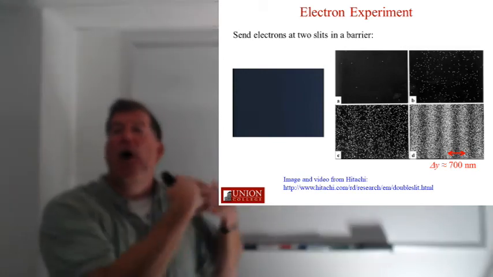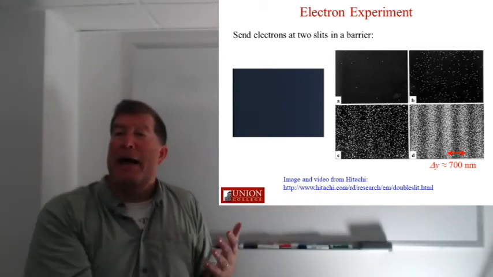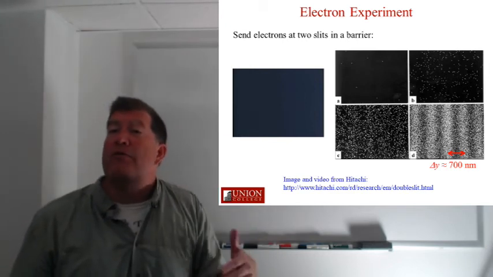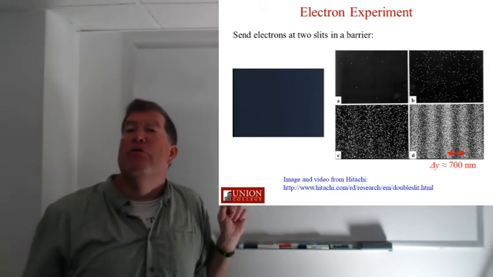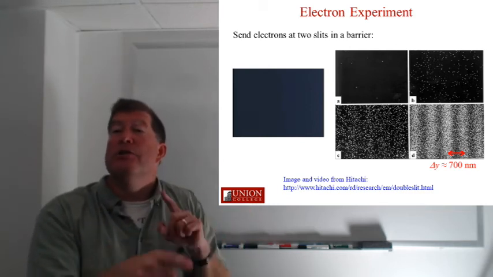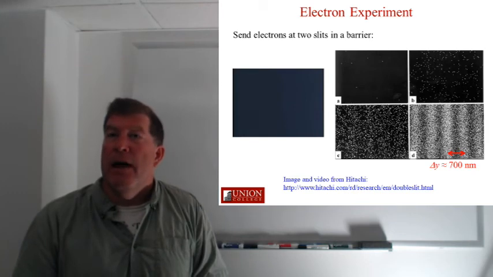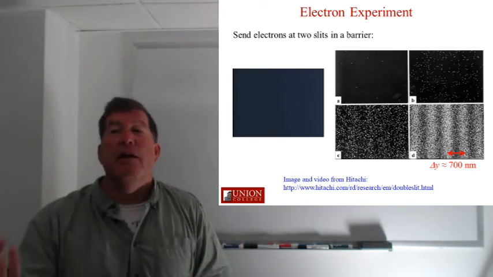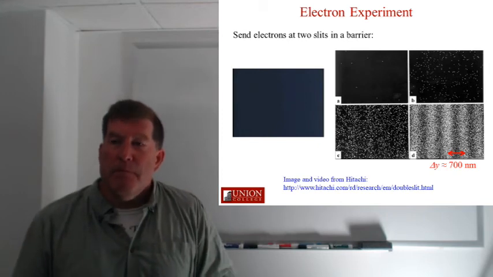But collectively, all of the electrons together trace out this pattern of bright and dark stripes that's exactly like the pattern that you get from adding together waves that have passed through both slits, waves that are coming together and doing this constructive and destructive interference. This is the essence of quantum physics right here, these particles behaving like waves at the same time.